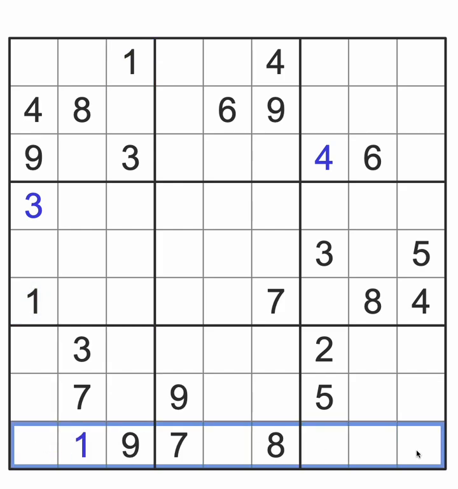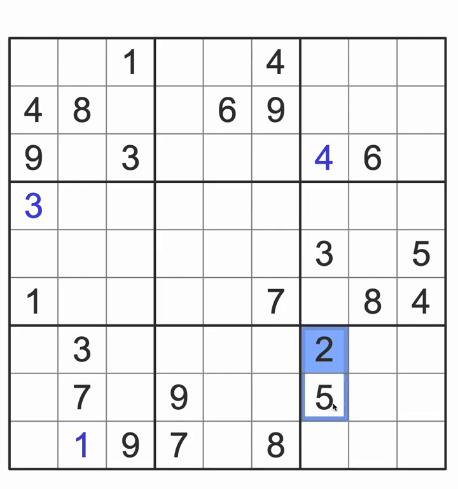Now looking at row 9 and box 9. Box 9 has 2 and 5, which have not been placed on row 9, and I cannot place them in these cells, leaving only 2 cells for 2 and 5 on row 9. So these 2 cells will be filled with 2 and 5.